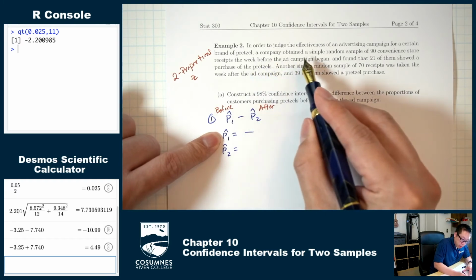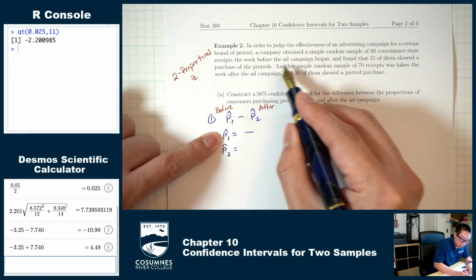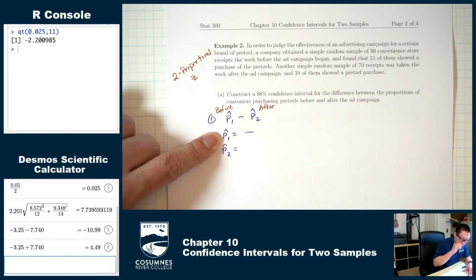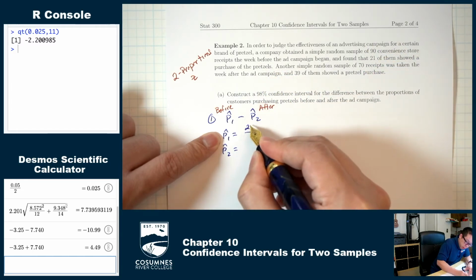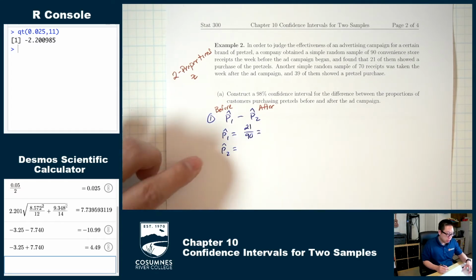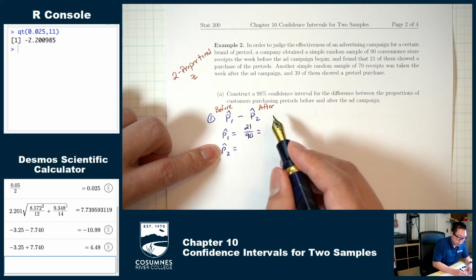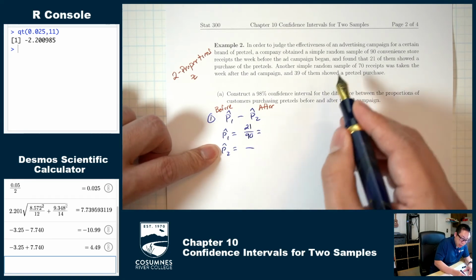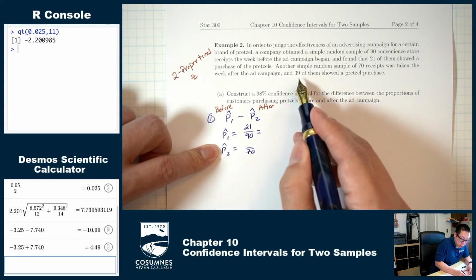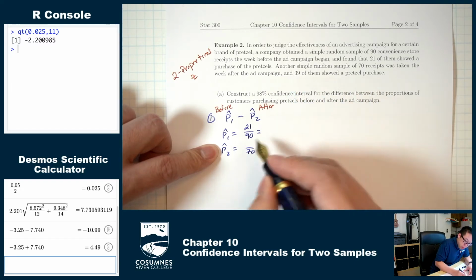For the before, 90 receipts, and 21 of them had pretzels, so our proportion before is 21 out of 90. We'll calculate that later. P2 hat is the proportion after. For after, we had 70 receipts total and 39 of them had a pretzel, so this is 39 out of 70.